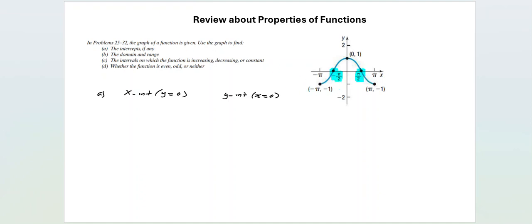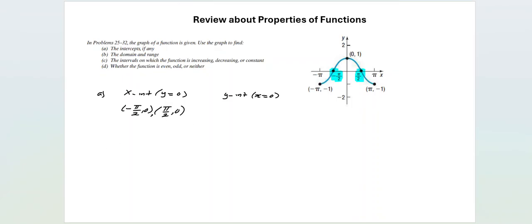So we can say that we have x-intercepts at minus pi over 2 comma 0 and at pi over 2 comma 0. So these are the points where we have the x-intercepts in this case.